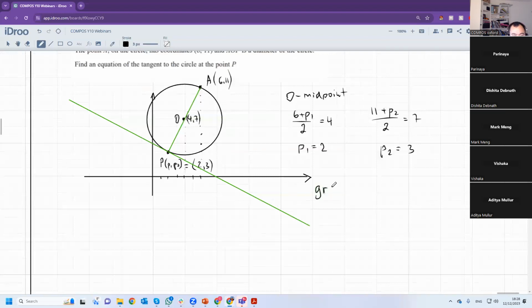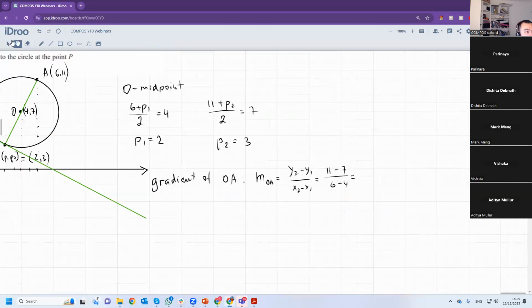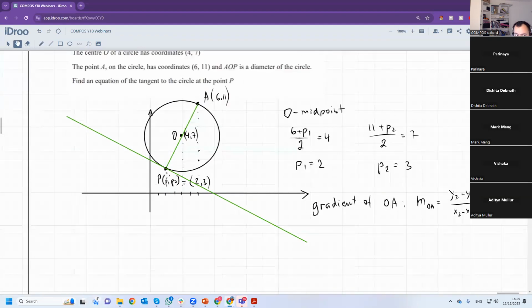The gradient of OA is m_OA, which is (y2 minus y1) over (x2 minus x1), which is (11 minus 7) divided by (6 minus 4). 11 minus 7 is 4, and 6 minus 4 is 2, so the gradient is 2. That makes sense if you look at the line.